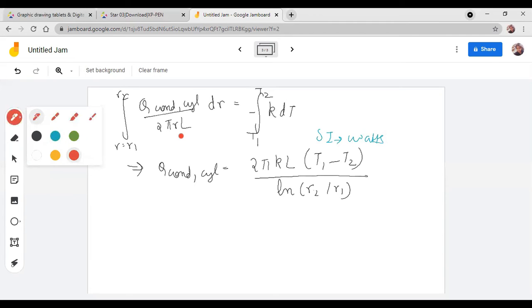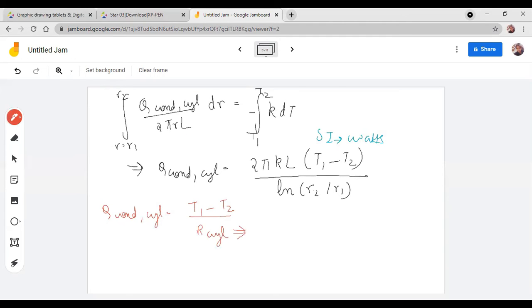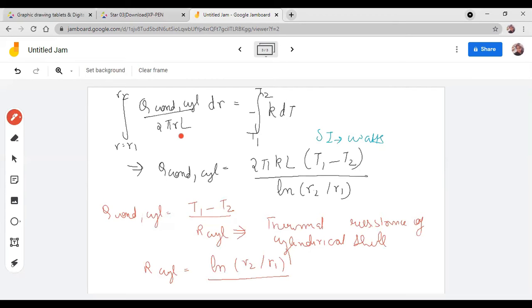Now this can also be rewritten as Q conduction of cylinder equals (T1 minus T2) upon R of cylinder, where this is the thermal resistance of the cylindrical shell. And this will be equivalent to ln(R2 by R1) upon 2 pi L K.